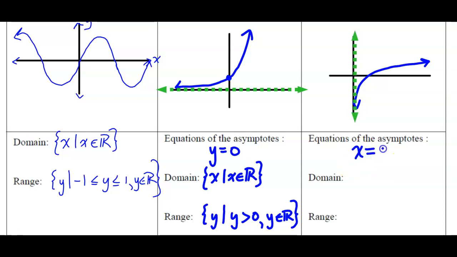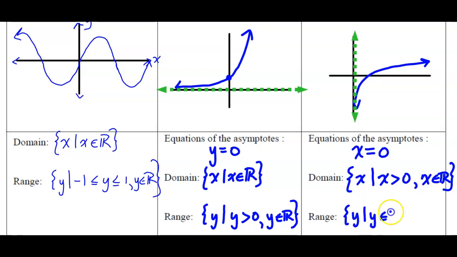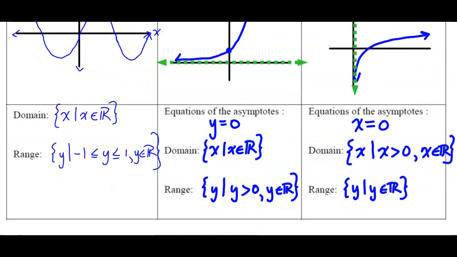And so now the domain is everything greater than 0. So if you think back to learning about inverses, that makes sense. The domain of the original is the range of the inverse. The range of the original is the domain of the inverse. So now the range is all real numbers. Okay. So those are 3 new ones that you're going to learn about this semester.